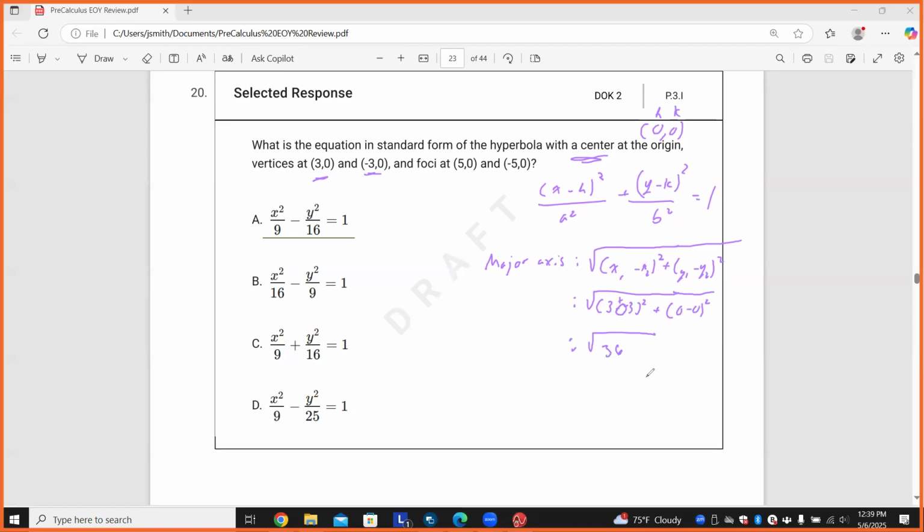Zero minus zero is 0 squared, 36 plus 0 is. I wish that was the a. This value divided by 2. So 3.